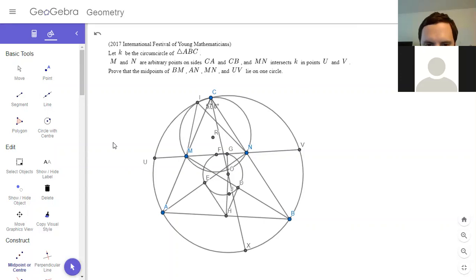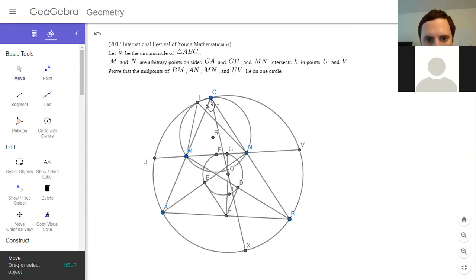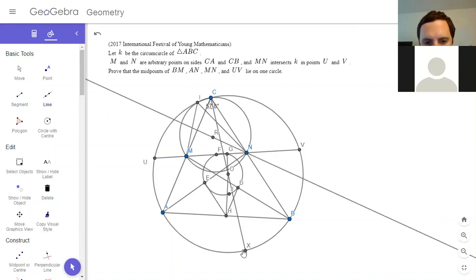So we observe that RN and XA are both perpendicular to AC. They're parallel. And since E and J are midpoints of AN and XR, EJ should also be parallel to them, because both of them are midpoints of the diagonals of this.